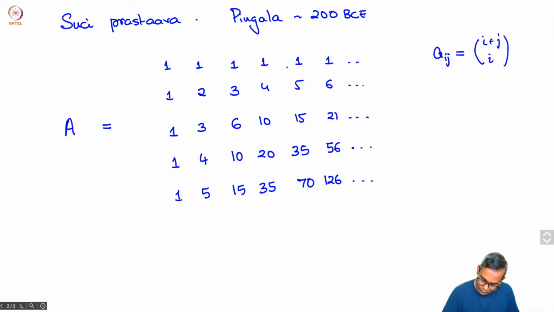If you look along a diagonal here, for example 1, 3, 3, 1, these are the binomial coefficients: 3 choose 0, 3 choose 1, 3 choose 2, and so on. So the numbering here starts from 0.